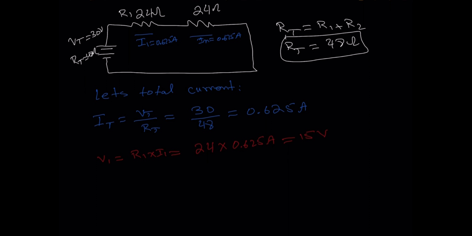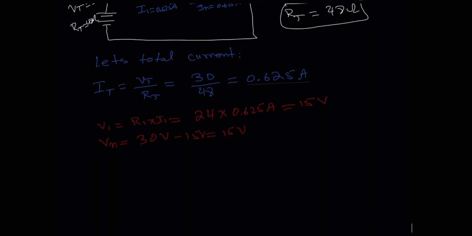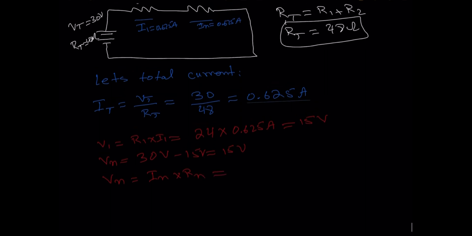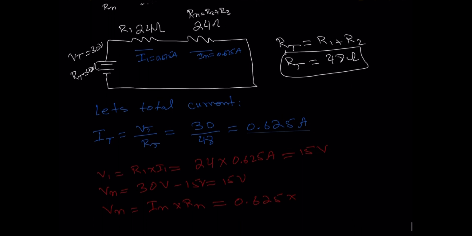We can find the Vn, or voltage at point M. We can do it two ways. So 30 volts minus 15 volts will give me 15 volts, or we can just find it by Ohm's law. Vn is equal to In times Rn. In is 0.625 times Rn, which is 24 ohm.